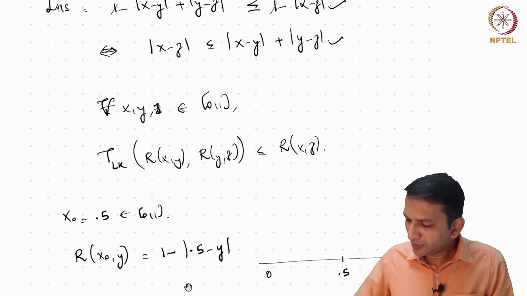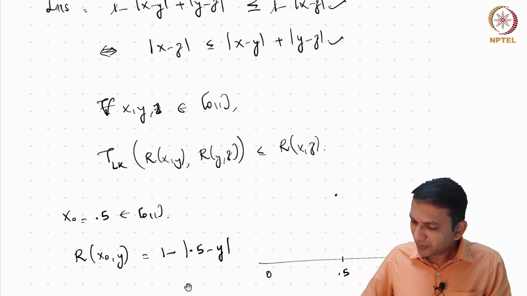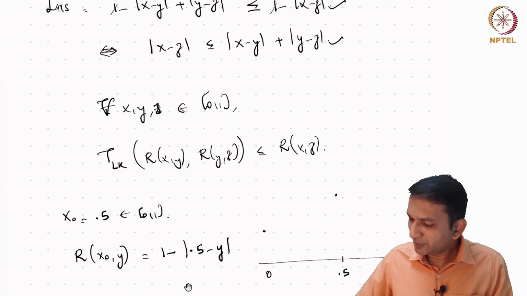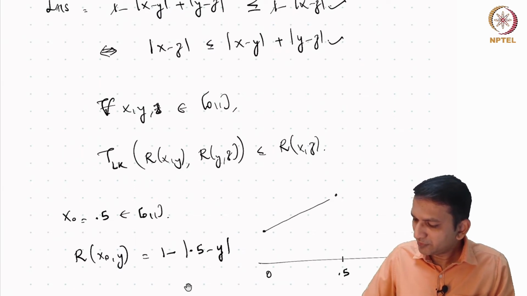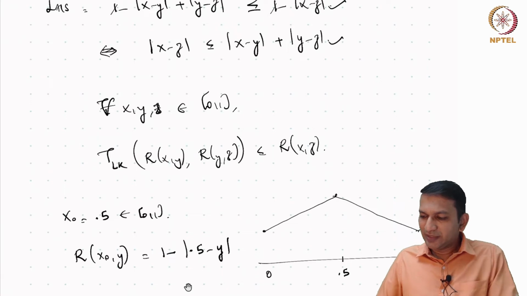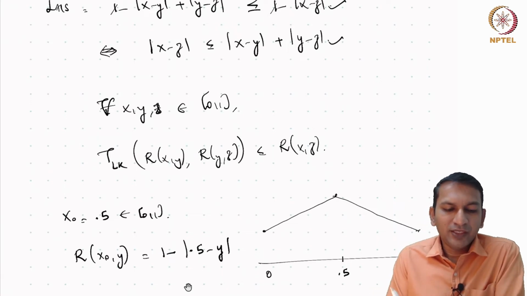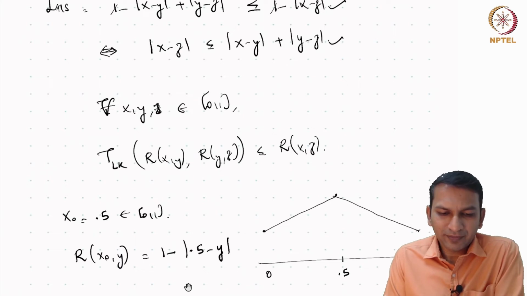At 0.5 it is 1, and at 0 it will be 0.5, and at 1 again it will be 0.5. So if you draw this, this is a fuzzy set that you get when you fix x0 to be 0.5.